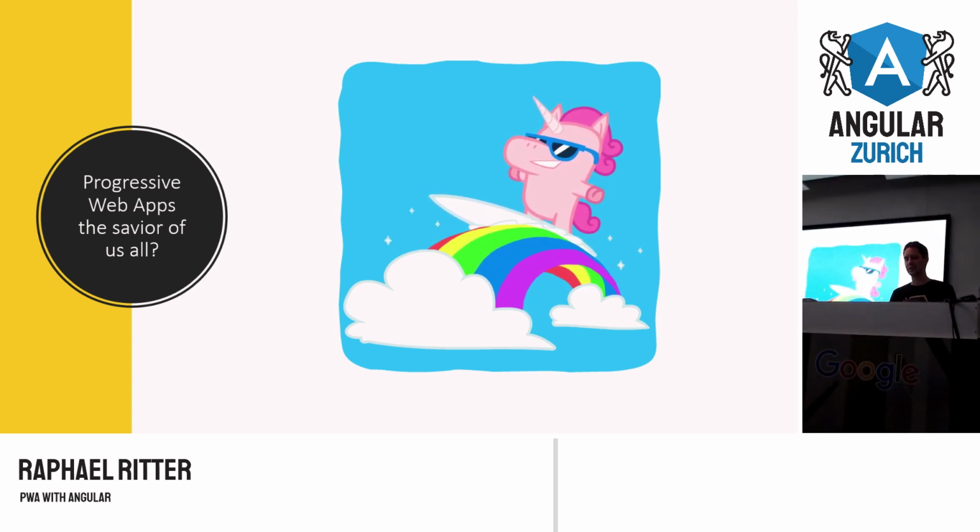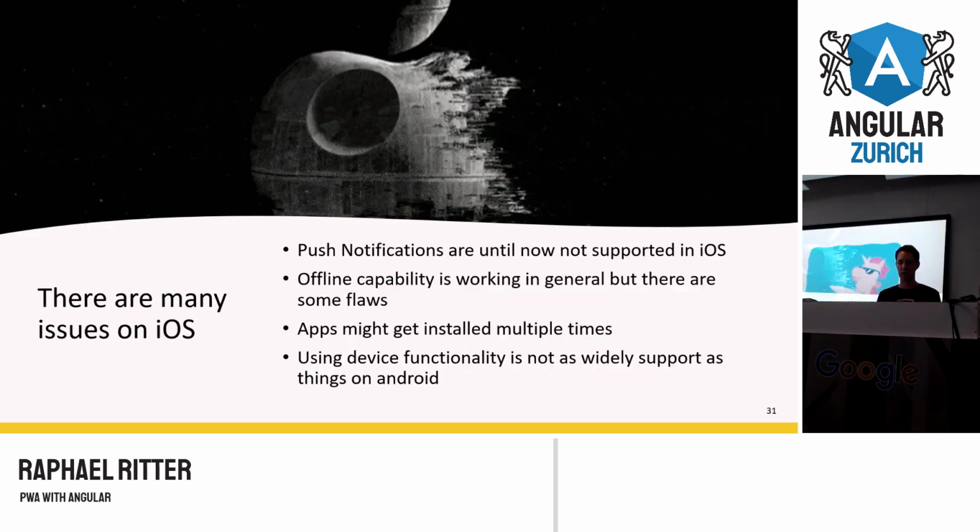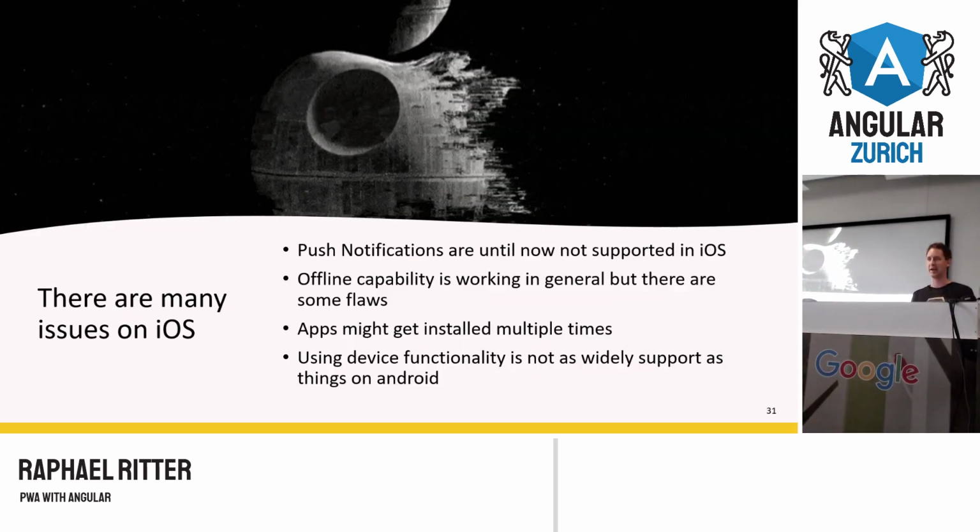For a great deal, it is really nice, but it's not all perfect because we have a dark side, and currently this dark side is like a fruit and looks like an apple, and there we really have some problems. Push notifications are not supported on iOS, as I mentioned. Apple implemented it for macOS, so it works there.